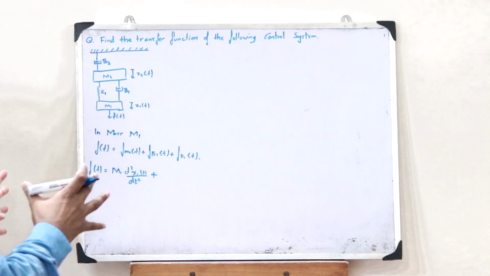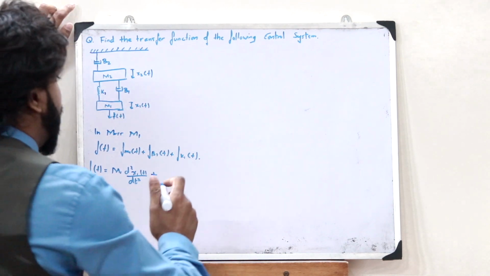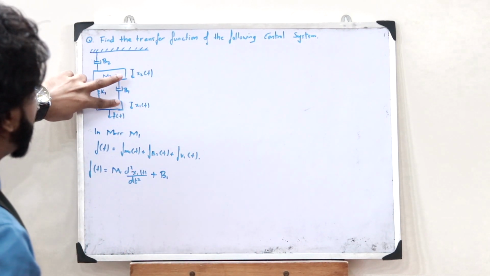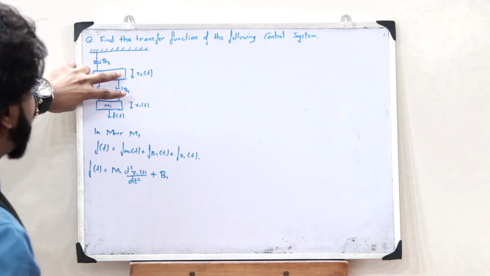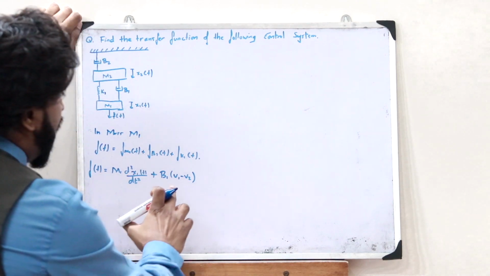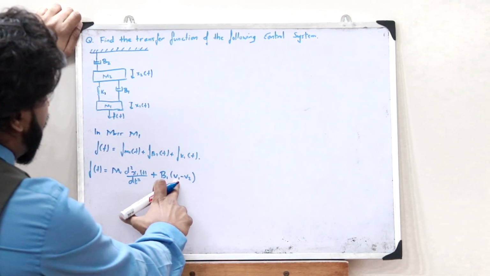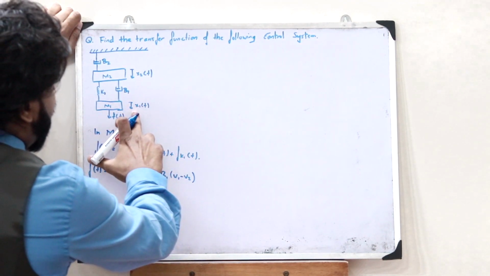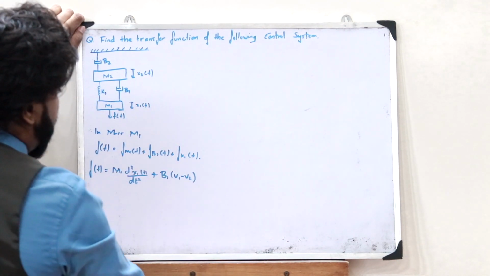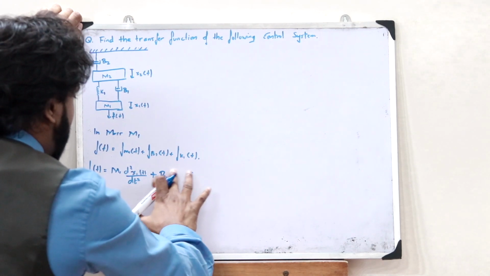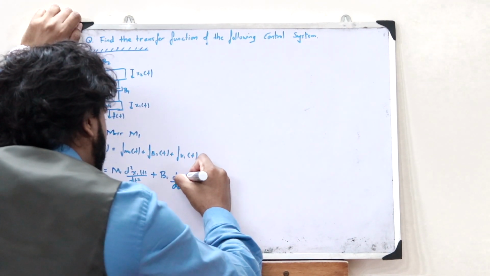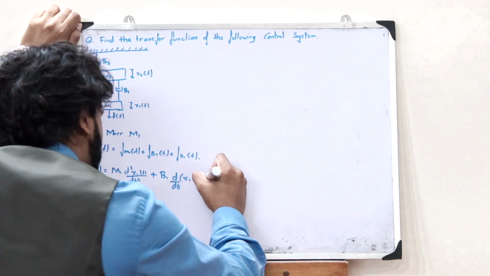So the restoring force developed on this particular damper is given as b1 into the difference between the two velocities on both these sides, that is v1 minus v2, but here v1 is the first order derivative of this particular displacement x1 of t, and v2 is the first order derivative of this particular displacement x2 of t. So this becomes b1 into d by dt of x1 of t minus x2 of t.